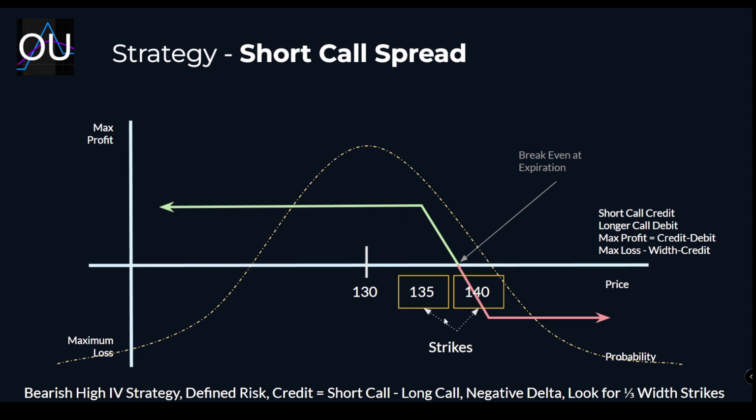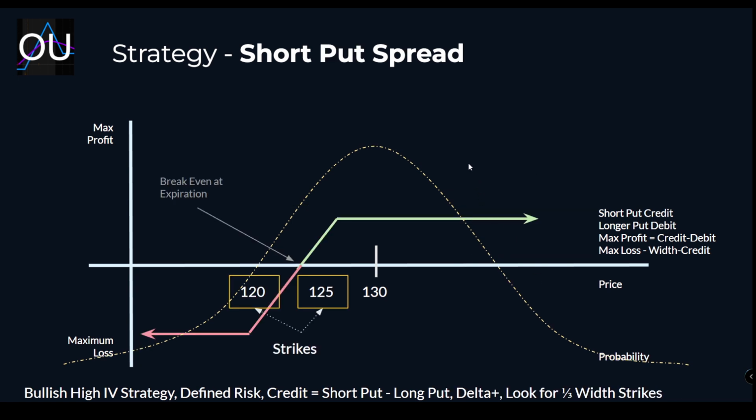In this case, you're negative delta, because you want the stock to fall, and you're looking for a credit received of 1/3 the width of the strikes. So if it's a 135 to 140, you're looking for a credit of 1/3 of $5.